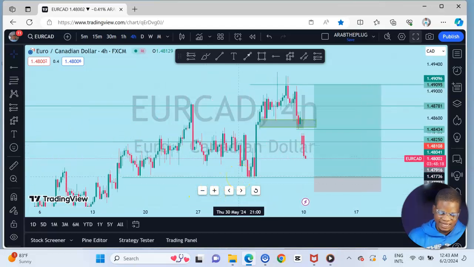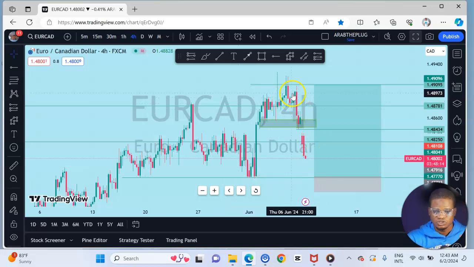Even though I'm going to elaborate a little bit more on it after this video, because I told you that when you see a tweezer top or any candlestick pattern formation, this is a bearish candlestick reversal pattern, you don't enter immediately. Do you know why? Because when this pattern forms, it tricks you to enter, but sometimes the price still tries to go up a little bit or go down a little bit before the movement.